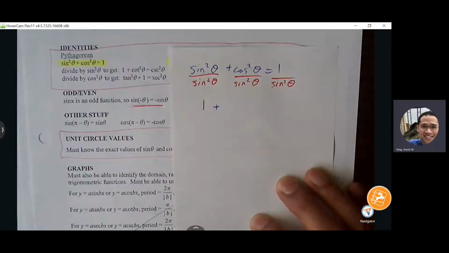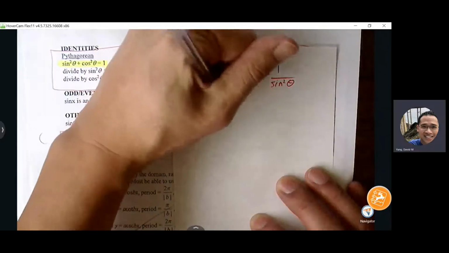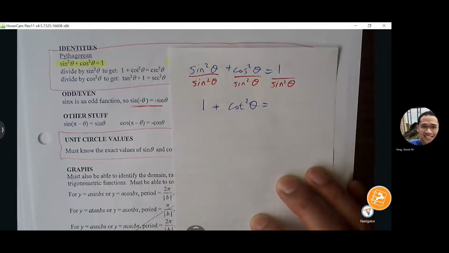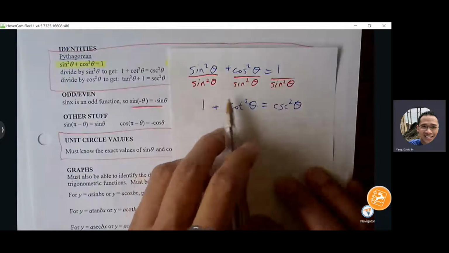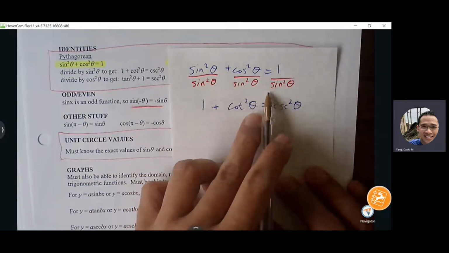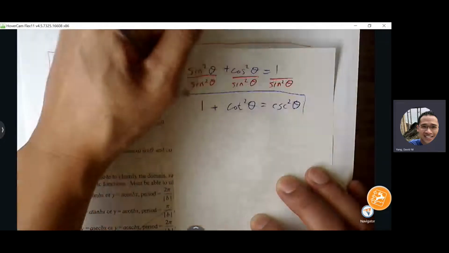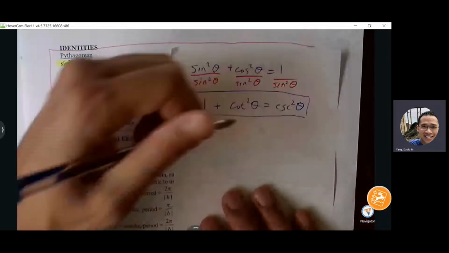Cosine over sine is cotangent. And then 1 over sine is cosecant. There, right? There's no need to memorize it. You just do a little bit of rearranging or deriving, and you can arrive at one of the other identities. Right? Okay, here's the other one.